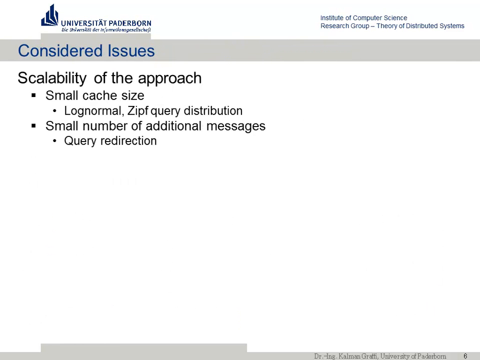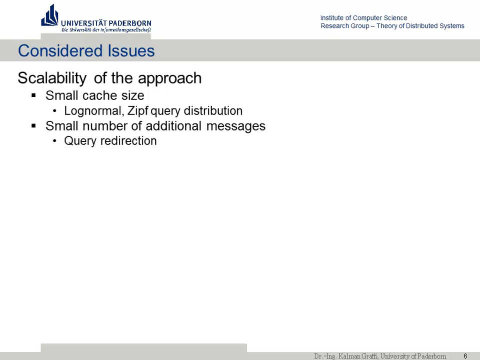Okay, does it scale? So what kind of problems might occur? There might be some problem with the scalability. There are always some queries traversing the network, and you don't know which are relevant. But because you only have a small cache size, it's not anymore the problem that it might explode, but you just have to decide which items and objects to cache.